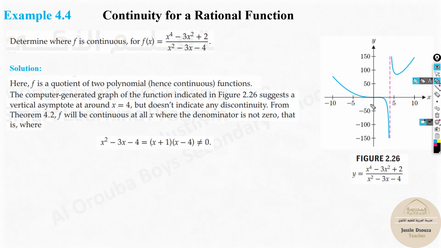So generally a computer generated graph may not give you the exact hole, so you need to solve this, equate this to 0 and find when the denominator will be equal to 0. The numerator is continuous, the denominator is continuous, but since you have something in the denominator, this can never be 0, right? So you're just equating this term to 0 and solving.